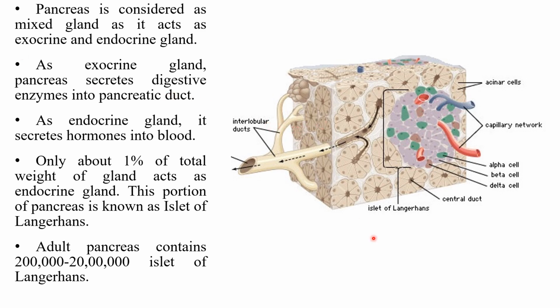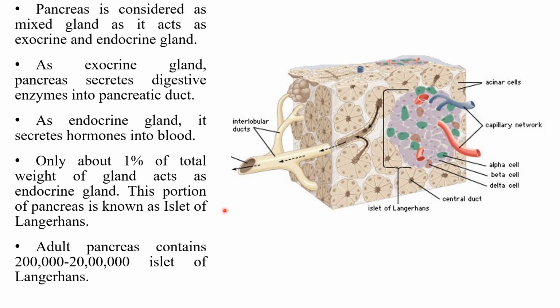In contrast to the exocrine glands, endocrine glands are commonly called ductless glands. That means they do not possess any kind of ducts. They secrete their secretions directly to the bloodstream.